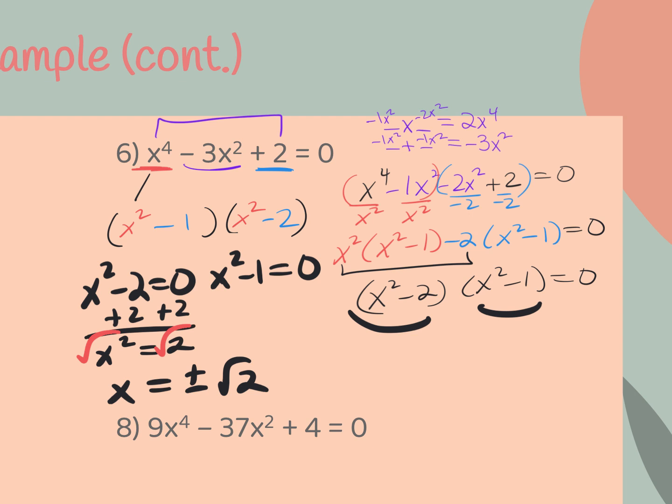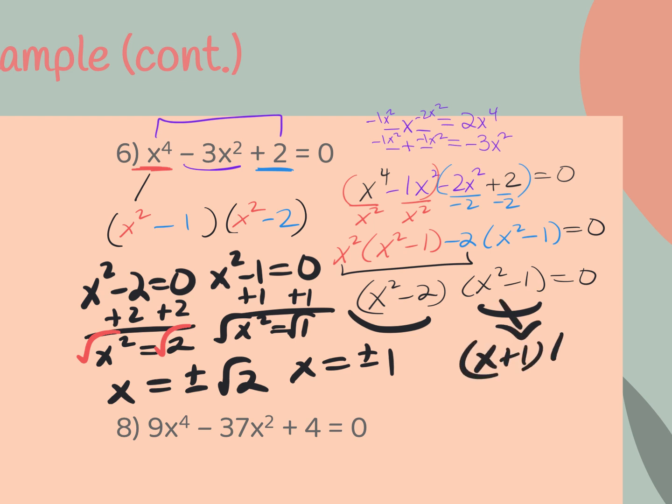The choice is yours. So you could either add the 1 and do like we just did, square root it, and x equals positive and negative 1. Or the other way to factor this could have been x plus 1, x minus 1, and then set each one equal to 0.